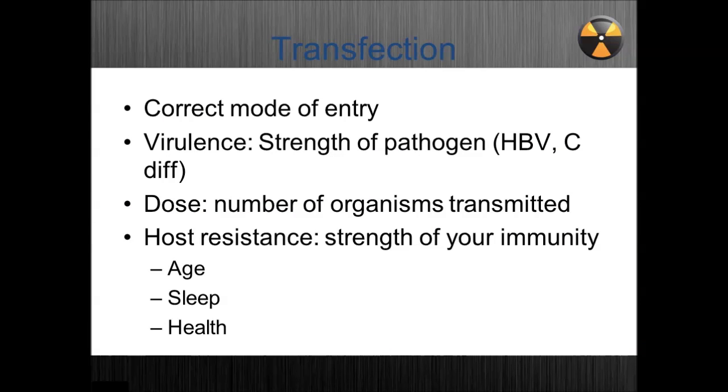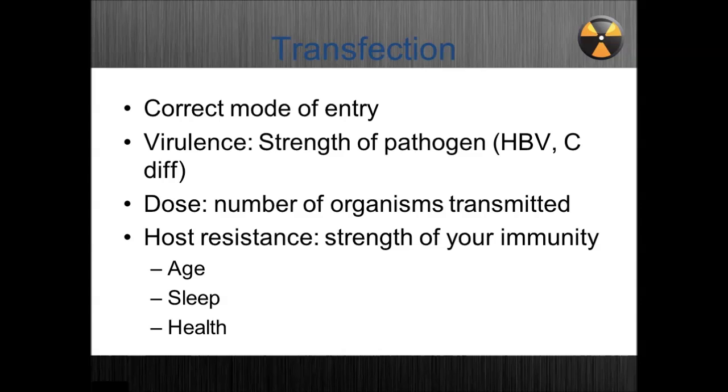All right. So, in order for you to get infected with something, it has to happen the right way. So, if somebody's got hepatitis and it's transmitted by blood, and your partner's putting an IV in, and some of the blood sprays out and gets on your arm, what's the likelihood you're going to get infected?